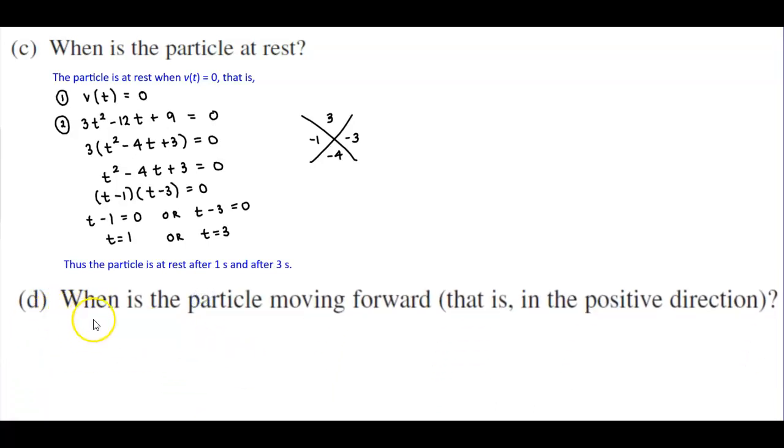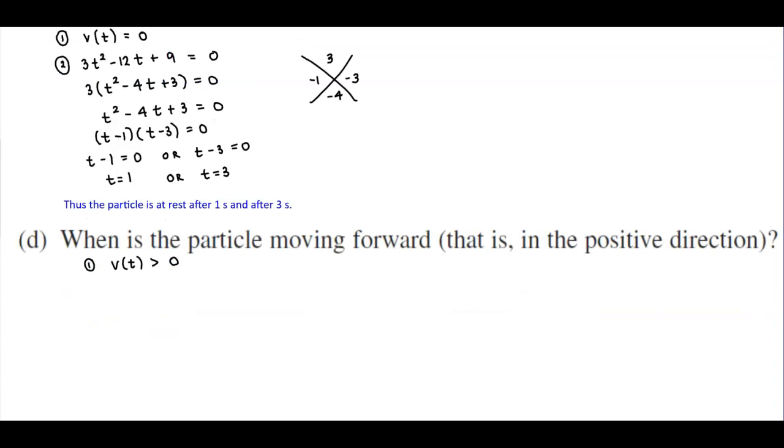And part D states, when is the particle moving forward? That is, in the positive direction. If it's the positive direction, that means we're looking at when the value of v of t is greater than 0.